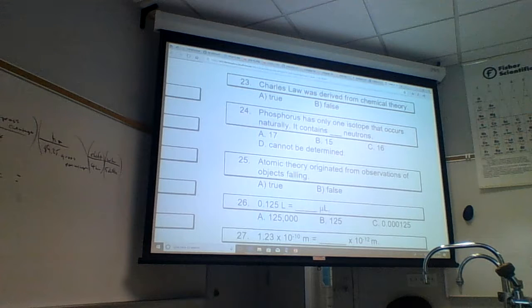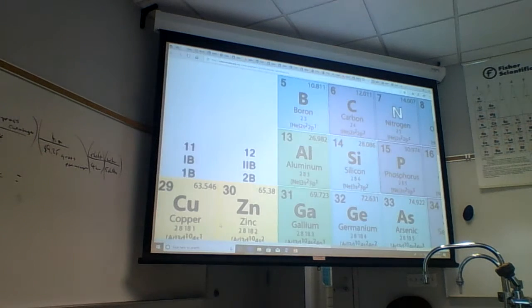It's element number 15, but it only has one isotope. If it only has one isotope, then the average mass is 30.9. The average mass is the mass of each and every atom of phosphorus in nature, so that's about 31, right? And so this has got to be P31.